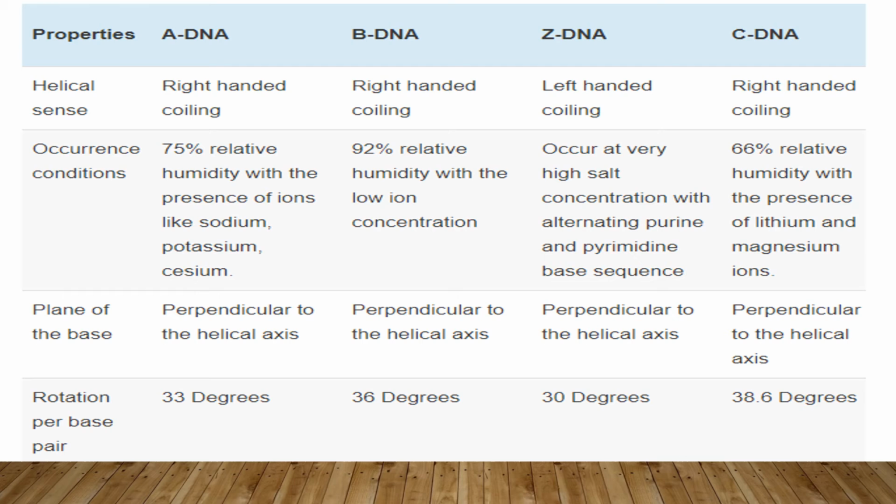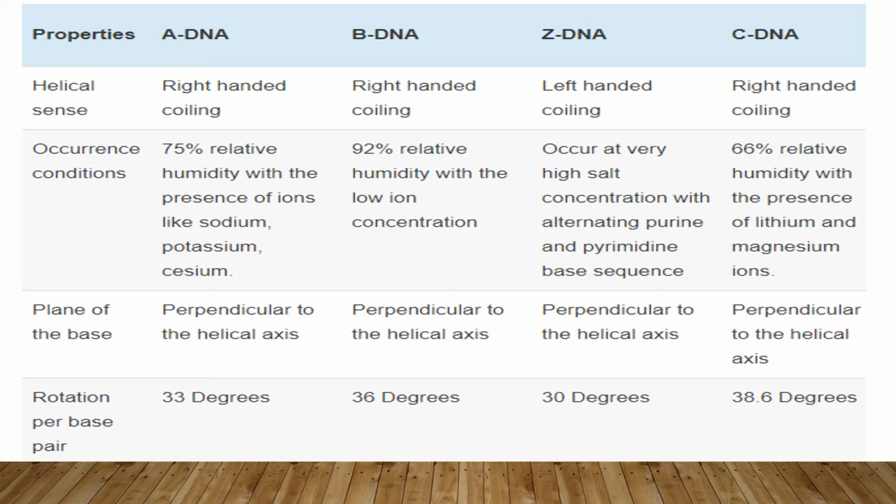The helical sense of the A DNA is right-handed coiling, B is also right-handed and clockwise, the Z DNA is left-handed. 75% relative humidity with the presence of ions like sodium, potassium, cesium converts DNA into the A form. 92% relative humidity with low ion concentrations converts the DNA into the B conformation. At very high salt concentrations with alternating purine and pyrimidine base sequence, the Z conformation is achieved.